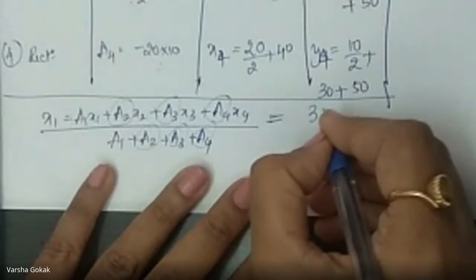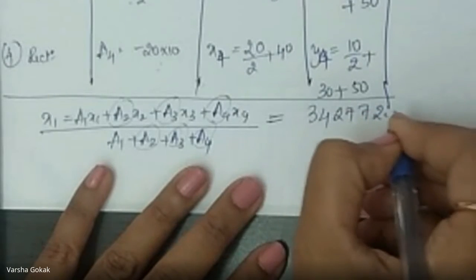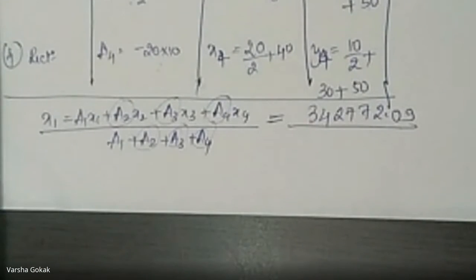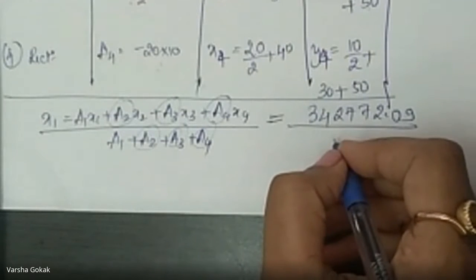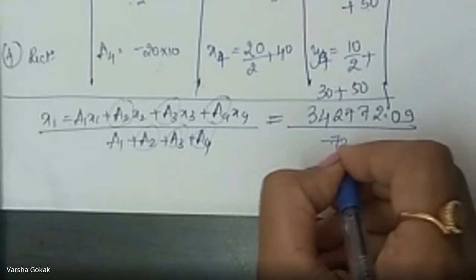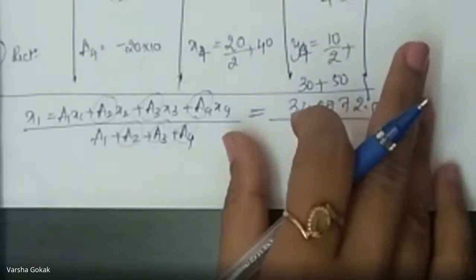The numerator is 342,772.09 divided by the areas. How much are you getting, Shifa?